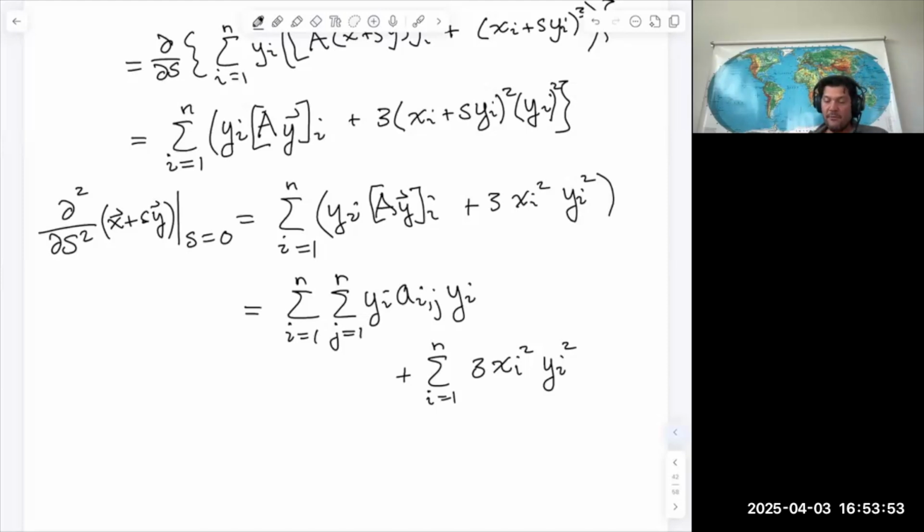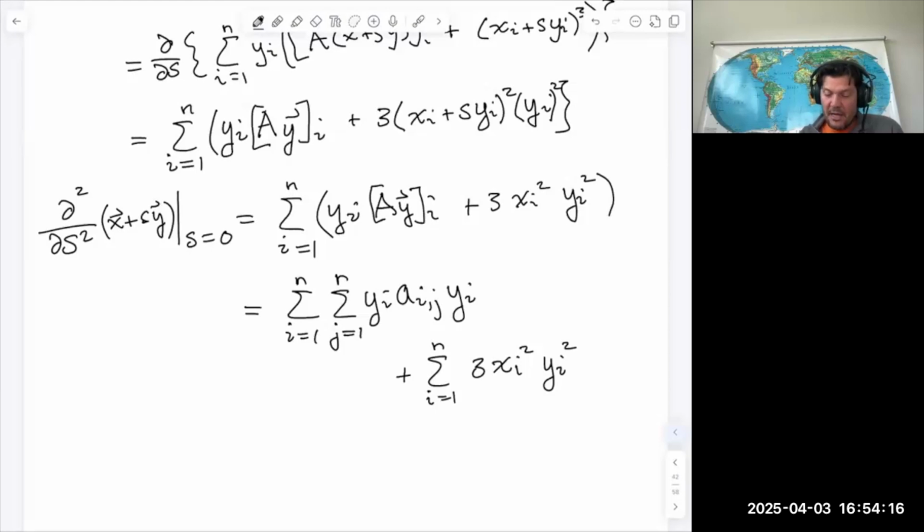Okay. So from this, I'll leave it as an exercise to you to figure out what the second derivative is in this case. I'll simply say I'm going to leave it as an exercise.